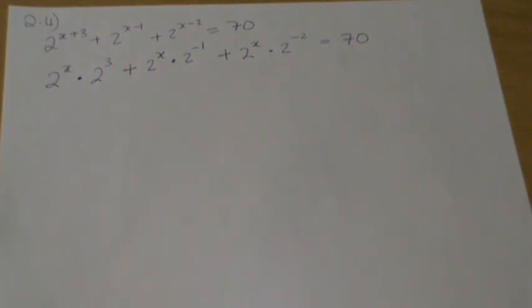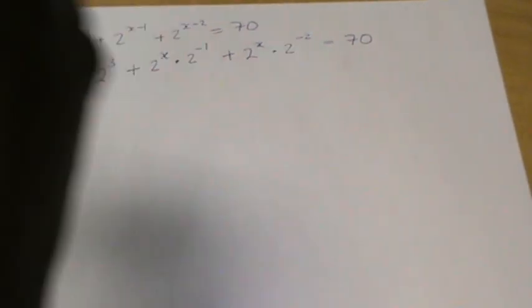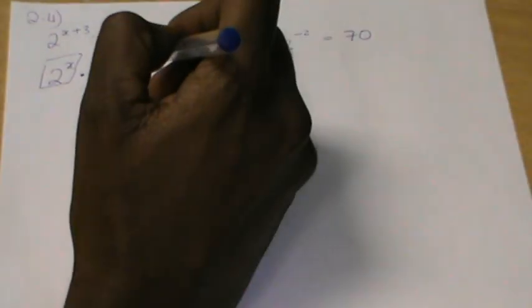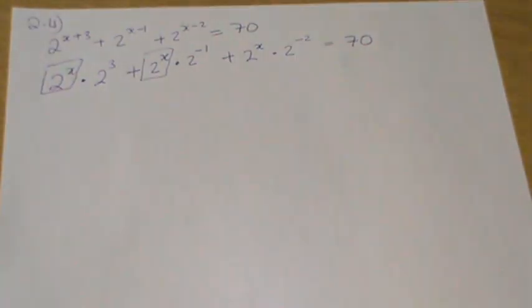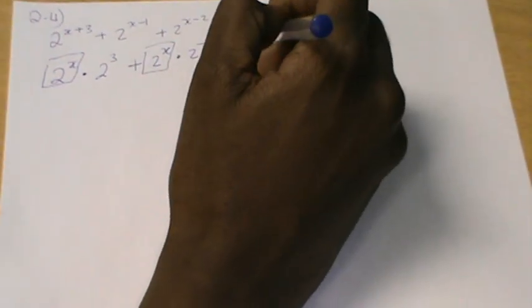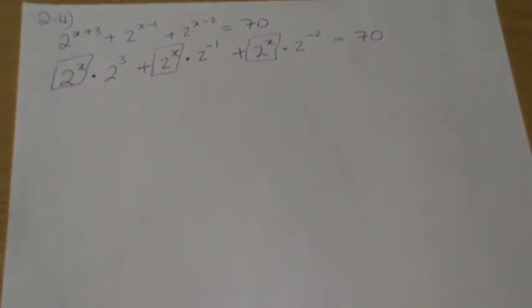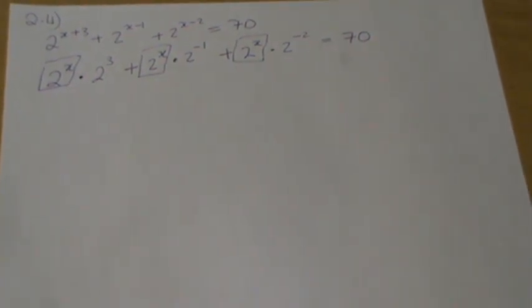Okay, so I look on my left hand side, I notice something. This 2 to the power of x is a factor there. It is also a factor over there, and it is also a factor over there. So when you see a common factor and you're maybe not sure what to do, it might be helpful to factorize.